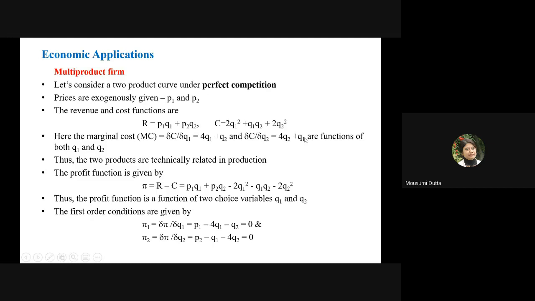So del C by del Q1 and del C by del Q2 are both functions of Q1 and Q2. This is the speciality of a multi-product firm. Thus, the two products are technically related in production.